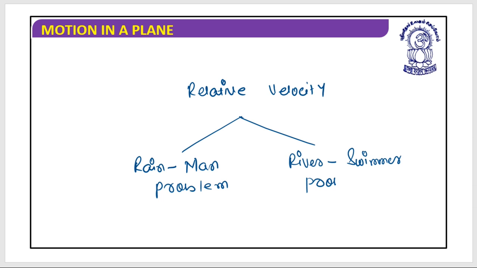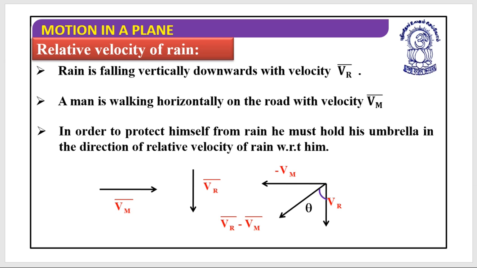Sometimes the river boat problem is also known as the river and boat problems. Both are one way or another the same; the basic thing remains the same, only the application changes. So let's check it out.